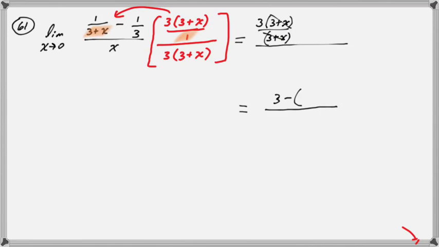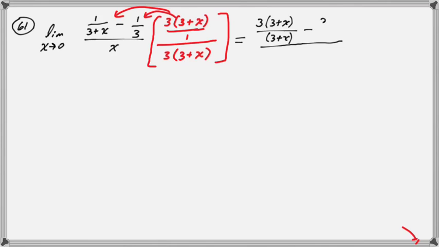Now, let me go back a little bit so I can get rid of those. Okay, you had this over what? 3 plus x. Now, what happens when I multiply this times this? What's top times top? Numerator times numerator gives me 3 times 3 plus x.